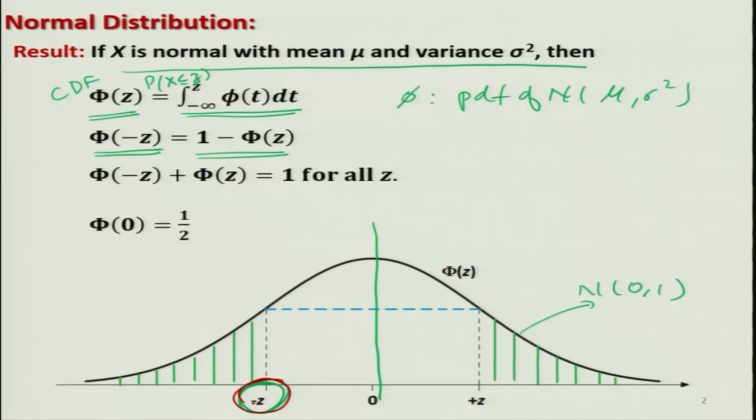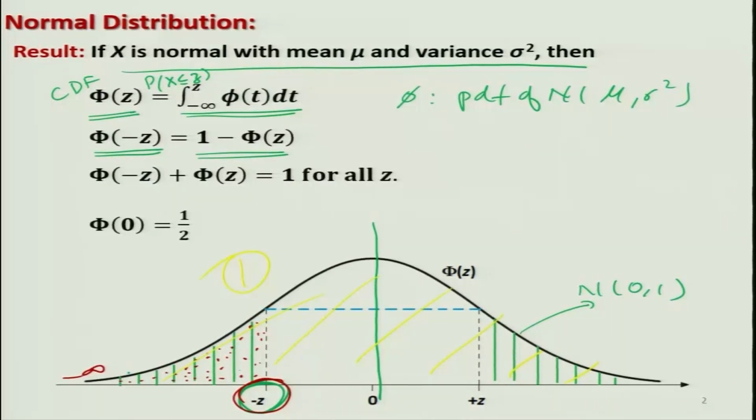Now, this area, which I am marking with red dots, is the area between minus infinity and minus z, and the total area under the curve is going to be 1.